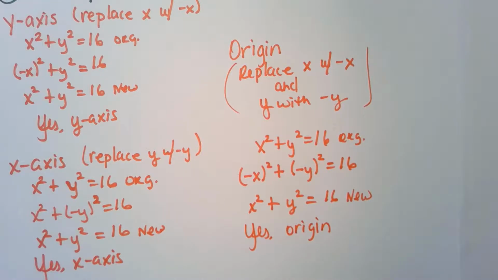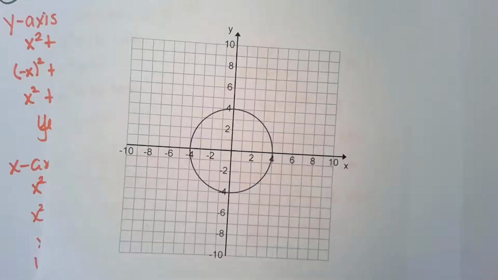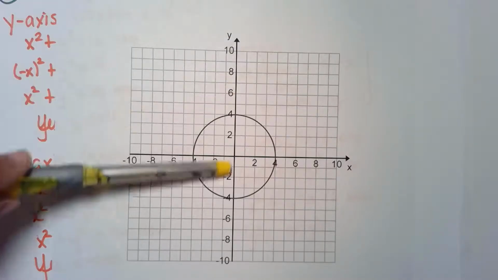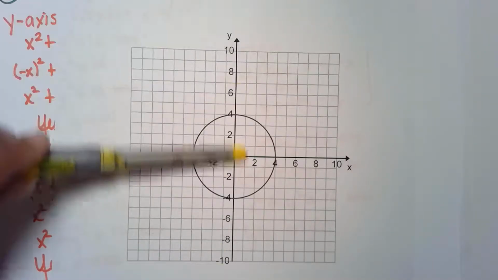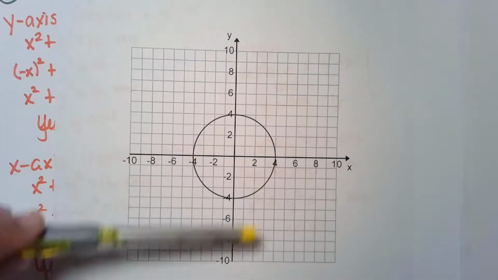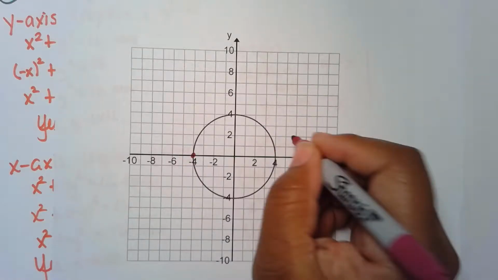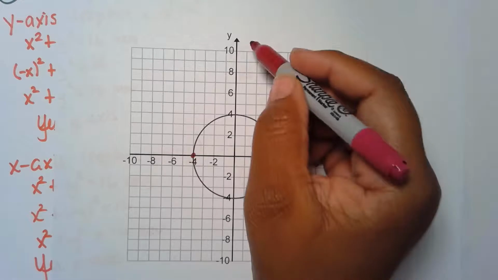So it's all three. So remember, we talked about different types of graphs. And whenever x is squared and y is squared, we have a circle. So we can fold along the y-axis. We have points that are going to match. We can fold along the x-axis.